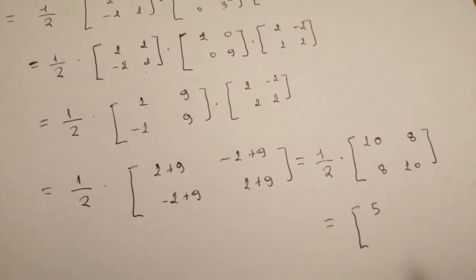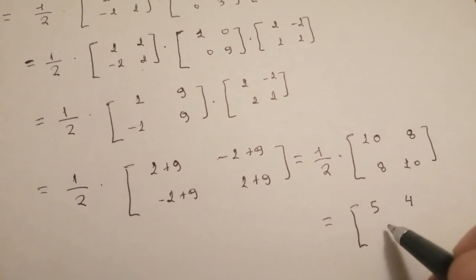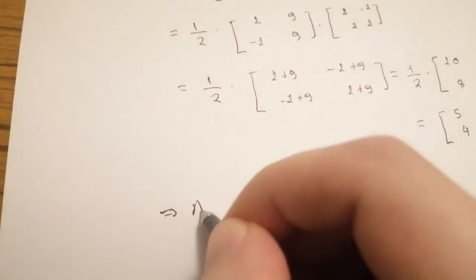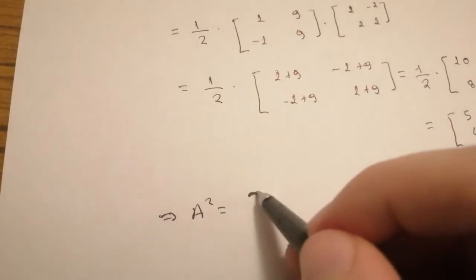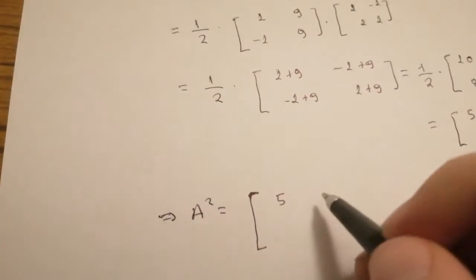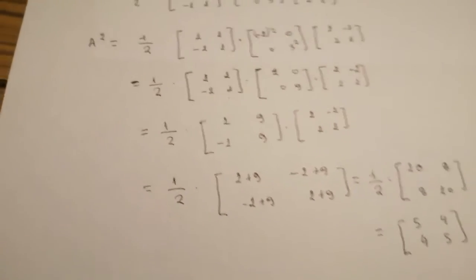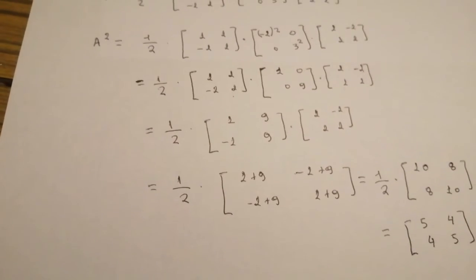Okay, now this is 5, 4, 4, and 5. So A squared is [5, 4; 4, 5].